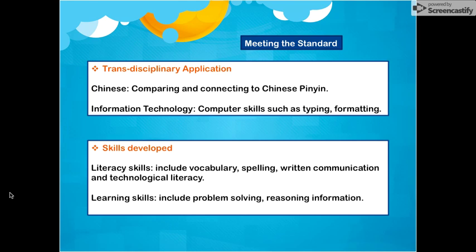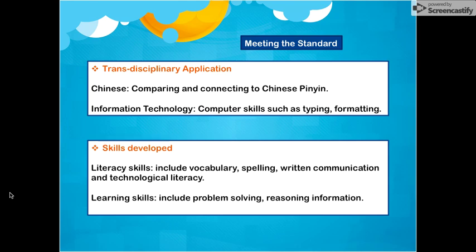For transdisciplinary applications, I think our Chinese teachers can compare and connect the upper and lowercase letters to Chinese pinyin, which can be a great help to our students.